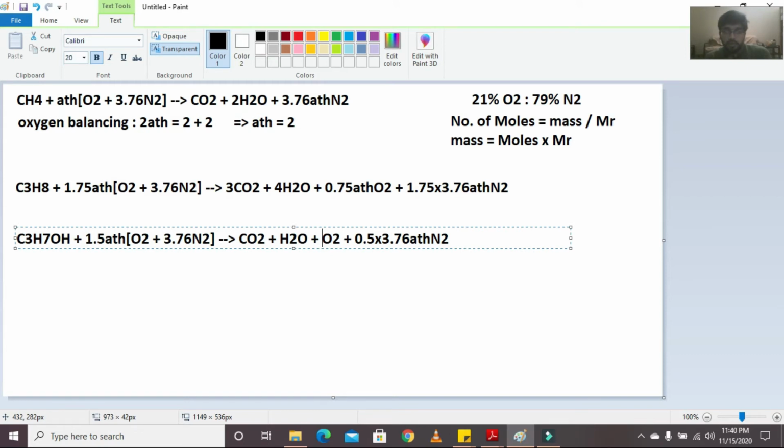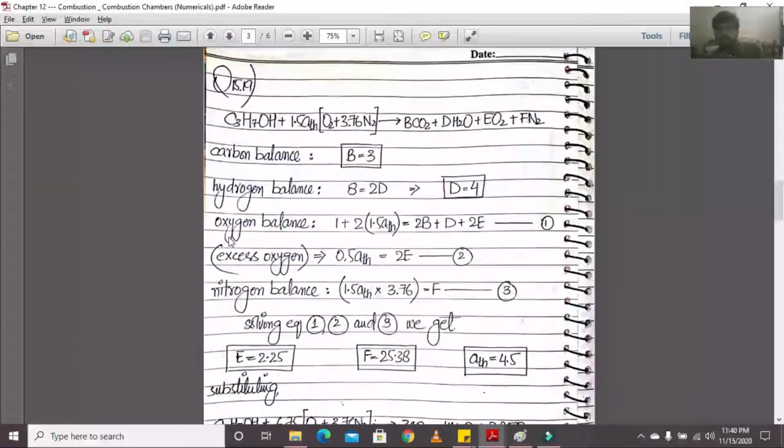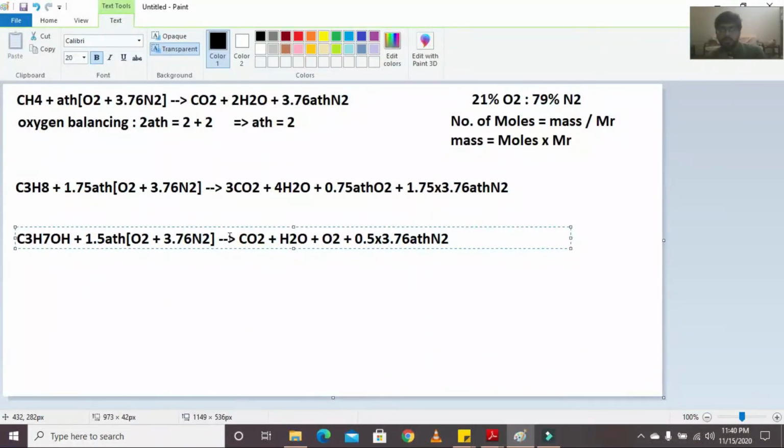So here I haven't mentioned the number of moles of the compounds where I have oxygen in the combustion products. The answer is that in the fuel we had an oxygen atom.